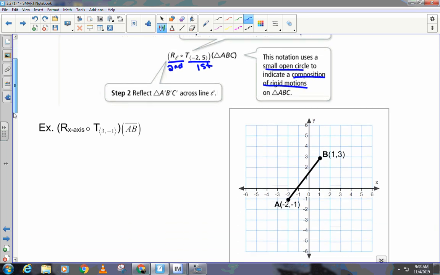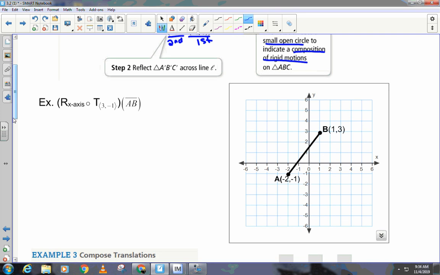For example, here is a reflection and a translation for AB. So we come over here to AB, and we're going to do this first. That means that we're going to go right 3 and down 1, so that would be B prime.